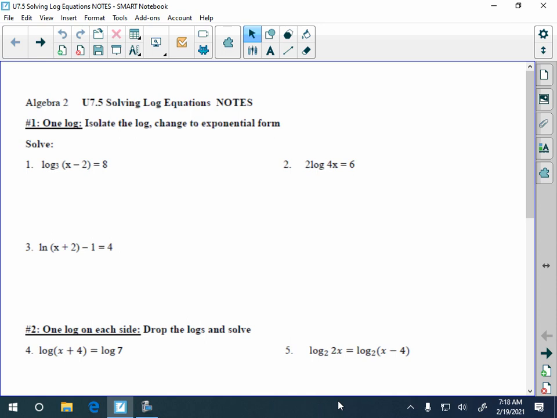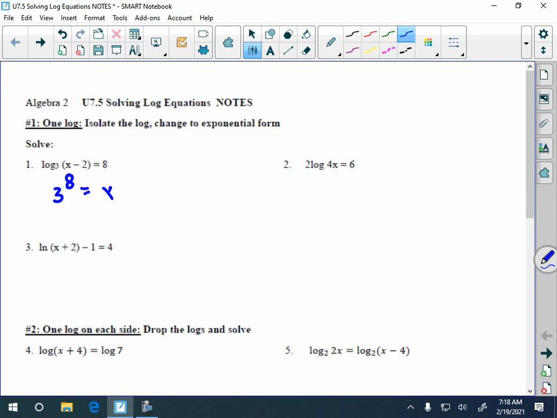First we write the base. This is 3, and then we raise it to the 8th power equals x minus 2. Remember, write the base, and then you switch the two terms across the equal sign. Then we still have to solve for x.